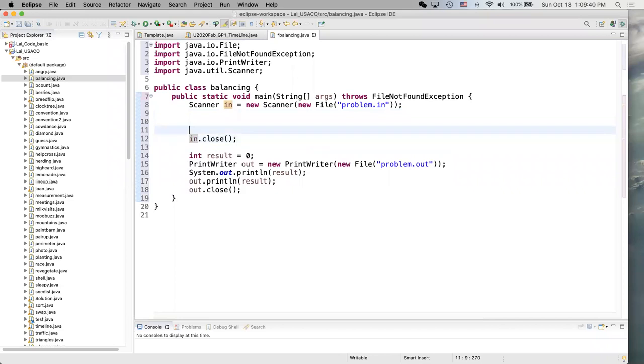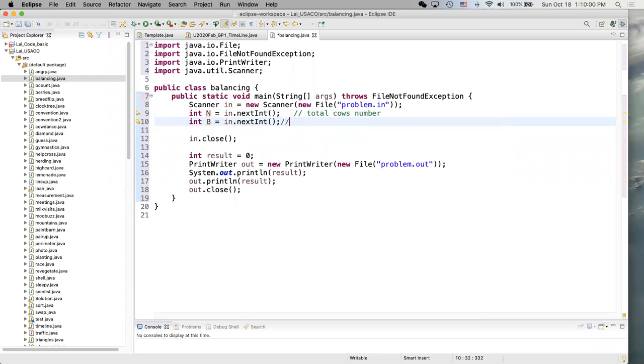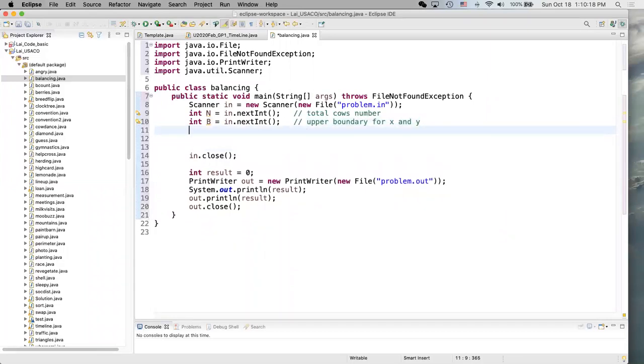First of all, you need to record the inputs. First is n, the total number of cows, and the next one is the upper boundary b. Those are the two numbers. You also need to record the inputs for all n cows: each cow has x and y.